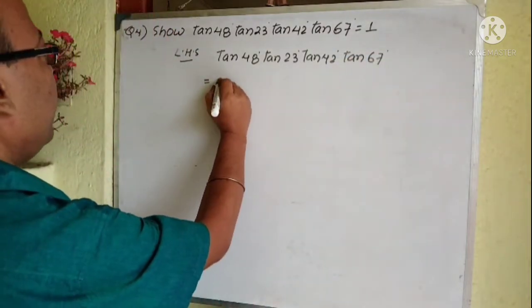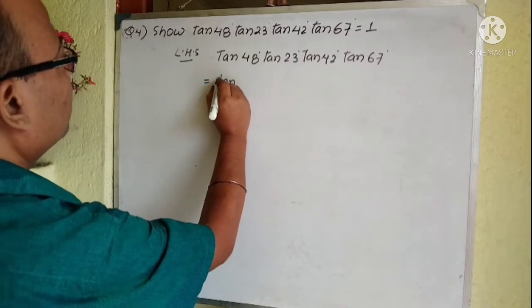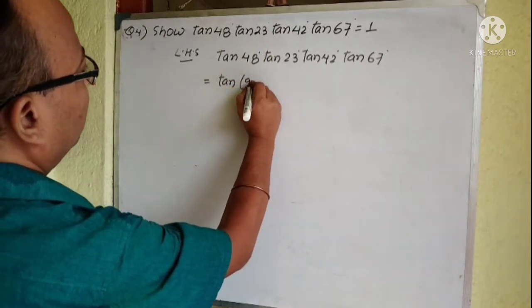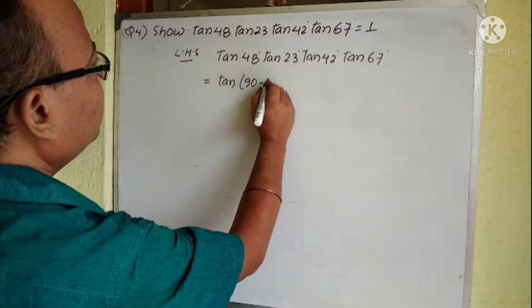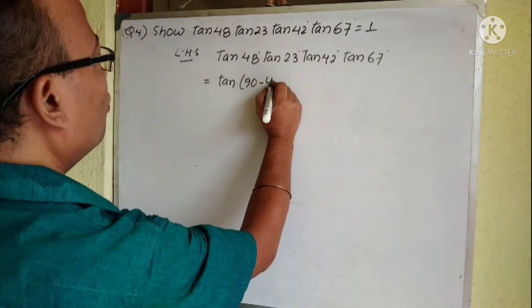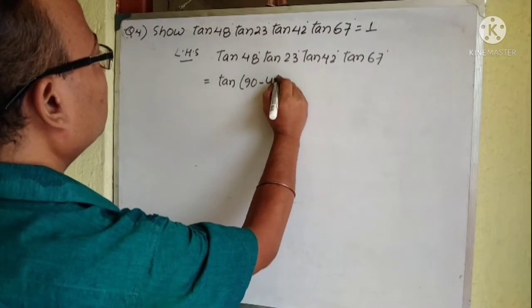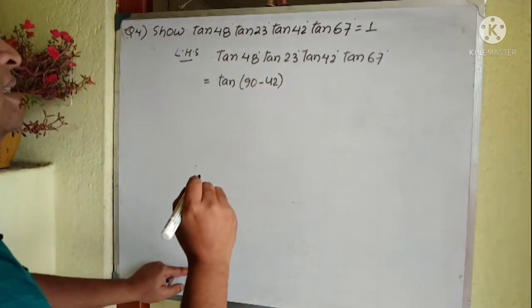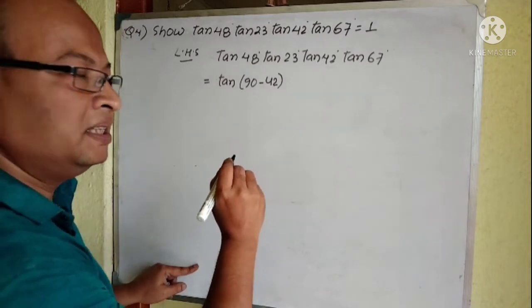So tan 48 degree can be written as 90 minus 42.